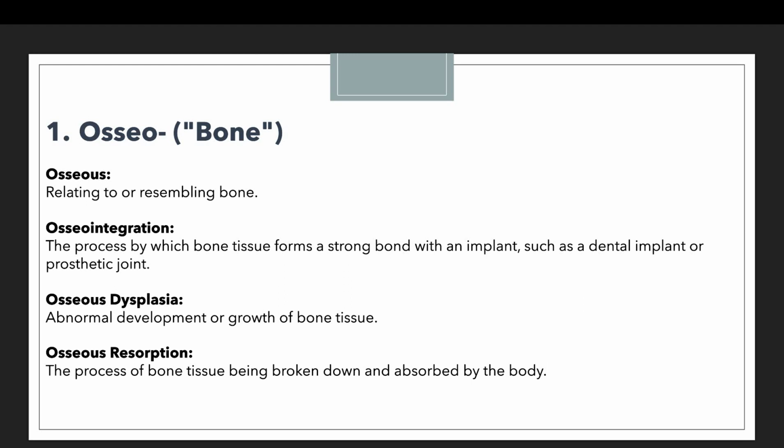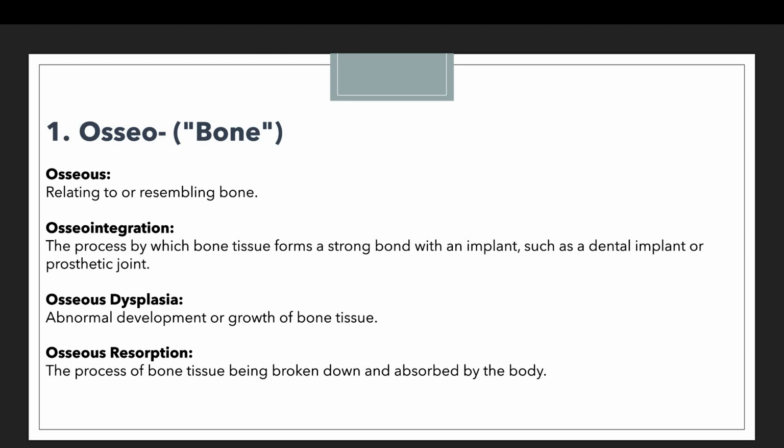When bone tissue forms a strong bond with an implant, such as a dental implant or prosthetic joint, we denote that process with osseointegration. Osseointegration is the complete medical terminology which begins with the prefix osseo, O-S-S-E-O.